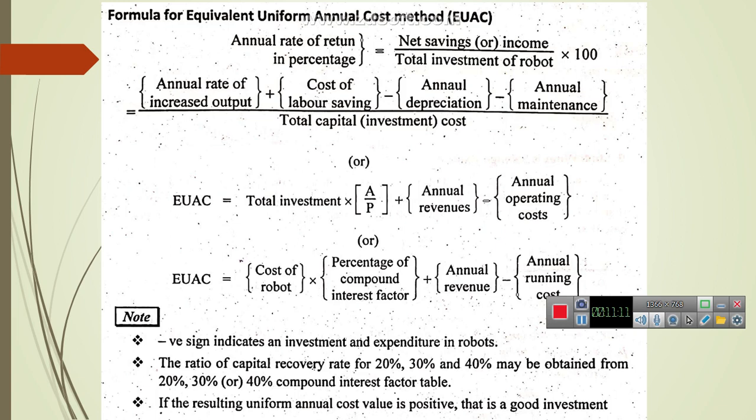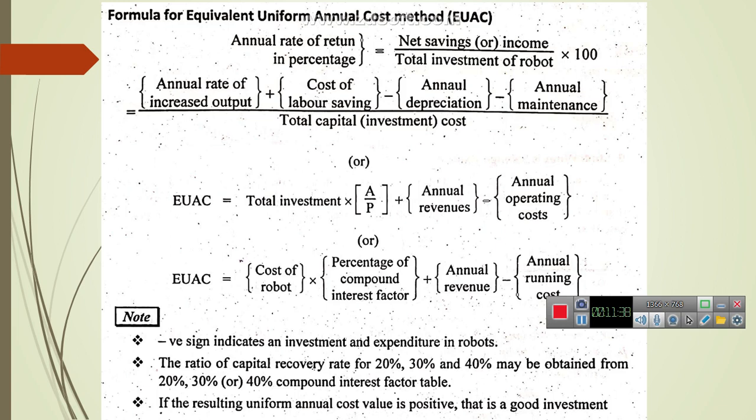The formula of the UAC method is equal to the annual rate of increased output plus cost of labor saving minus annual depreciation plus or minus annual maintenance, by total capital investment cost. Finally, the UAC method is equal to total investment into A by P plus annual revenues minus annual operating cost.